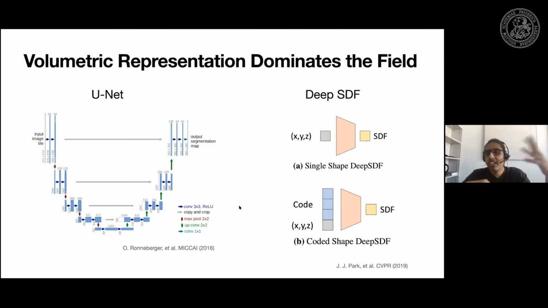In 2016, the U-Net paper came out, and along with all these segmentation papers, they use an occupancy grid to represent the object at the output, and 99.9% of the papers are using volumetric representation. More recently, going beyond the occupancy grid, there are deep learning based approaches that use signed distance fields to represent objects.